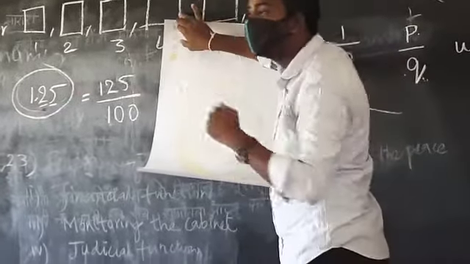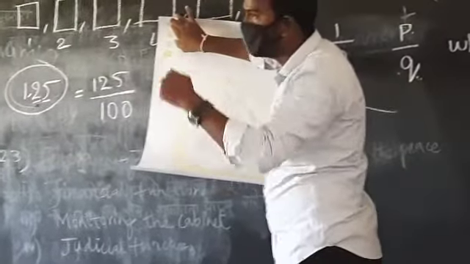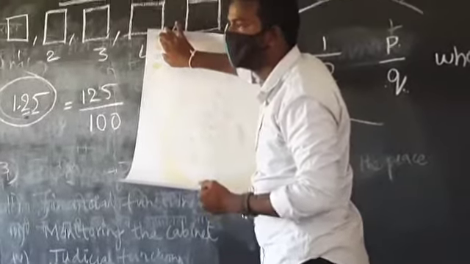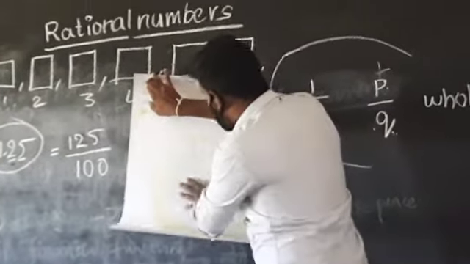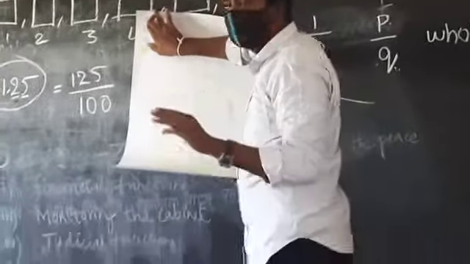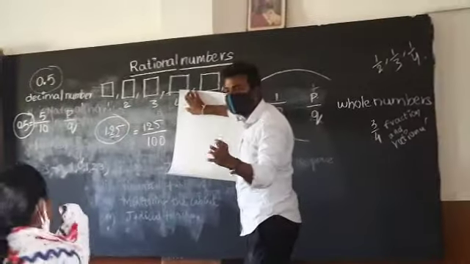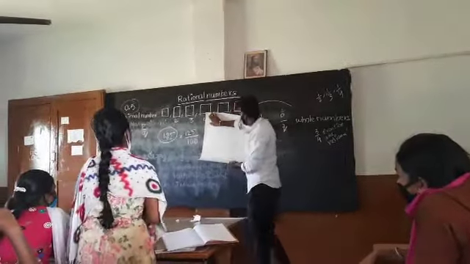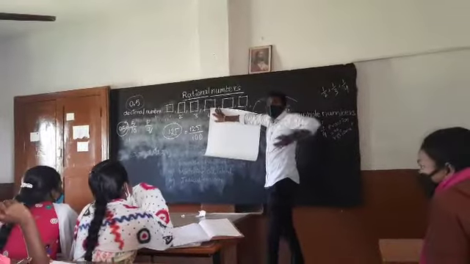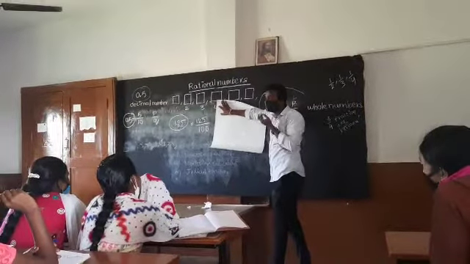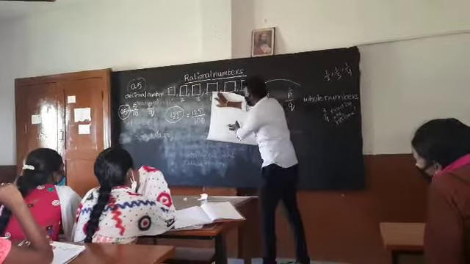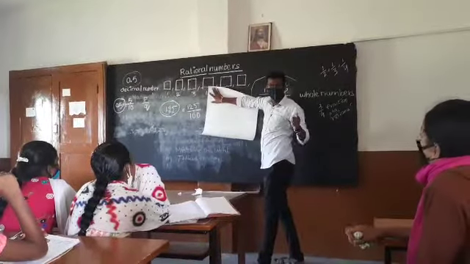Is 3 a whole number? Yes, sir. Very good. Is 0 a whole number? Yes, sir. Looking at the chart, no problem. Is 1 a whole number? Very good. Because whole numbers is the bigger set, already consisting the natural numbers. Understood? No confusion?